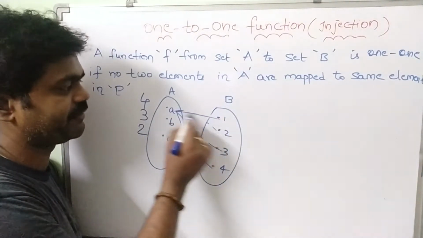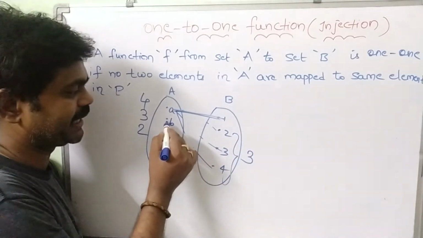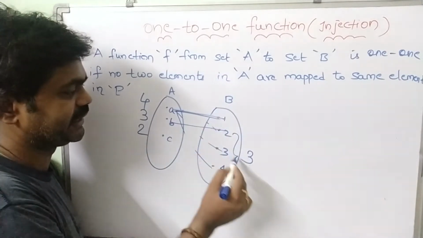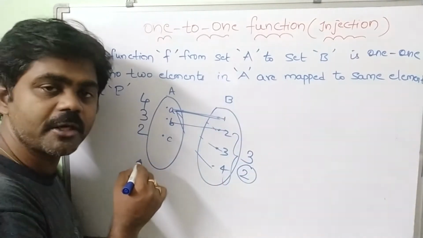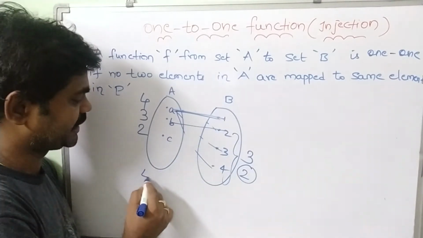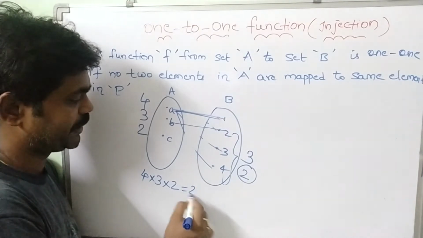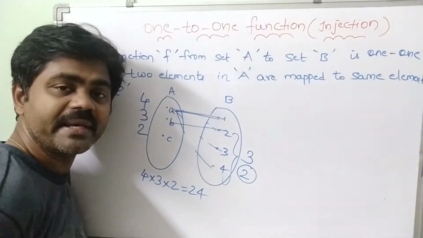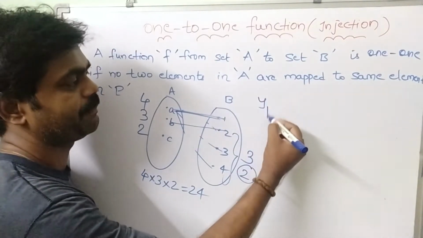If a is mapped with one thing, the remaining are 3, so b can be mapped in 3 possible ways. If b is mapped with one thing, the remaining is 2. Now c can be mapped in two possible ways. So how many possible ways do we get? 4 into 3 into 2, 24 choices for A to get mapped with B. This is called YPX.